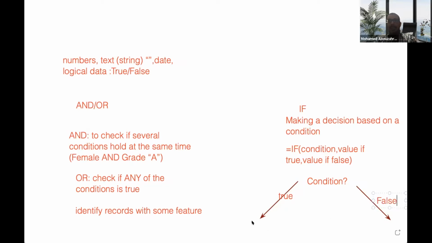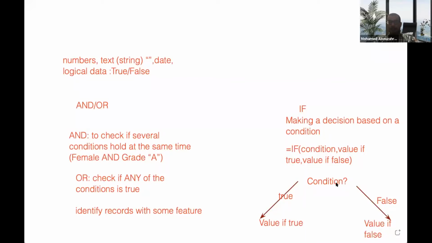Okay, if it is true, then we will do the second parameter, which is value if true. If it is false, we'll do the value if false. Okay, so this is called a decision tree, and we will build on that later on.